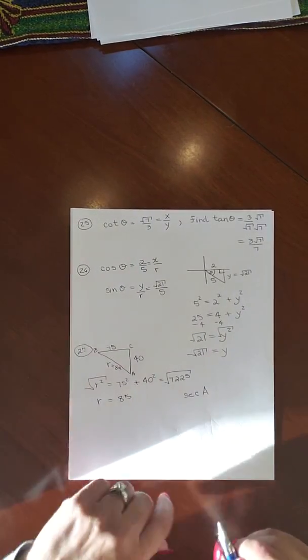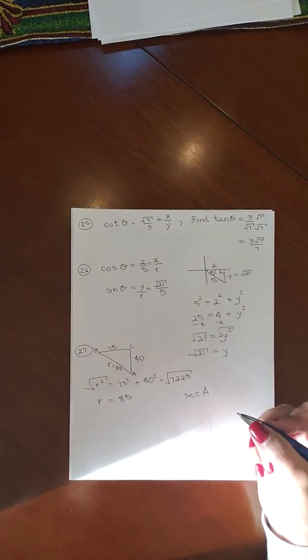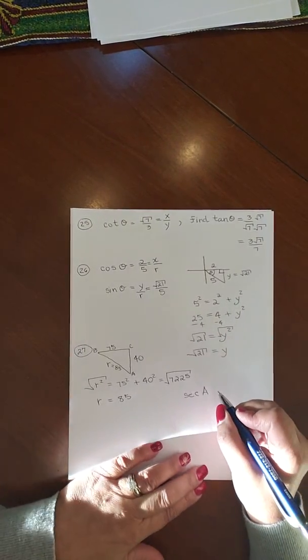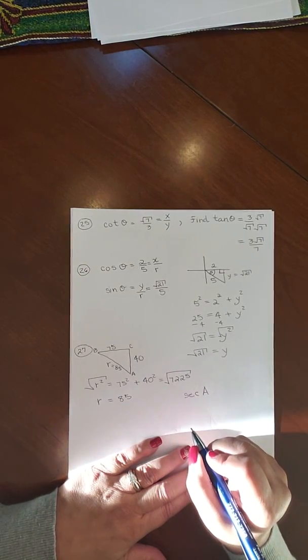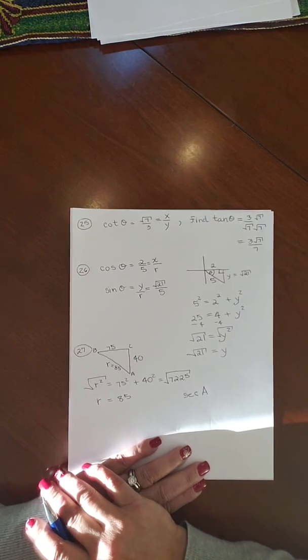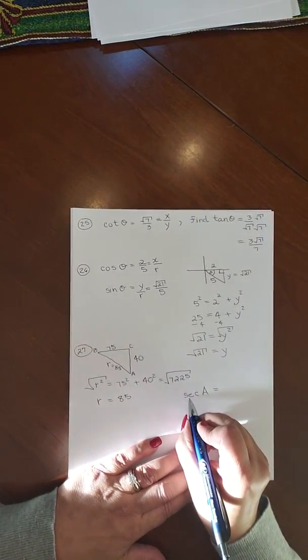Now, since you are not inside of a circle, what you need to use instead of x over r, y over r, and those kind of definitions is the SOHCAHTOA definitions, because they will apply no matter what angle you're standing on. Whereas when you're using the x over r, y over r, you're in a unit circle. So this has to do with cosine.